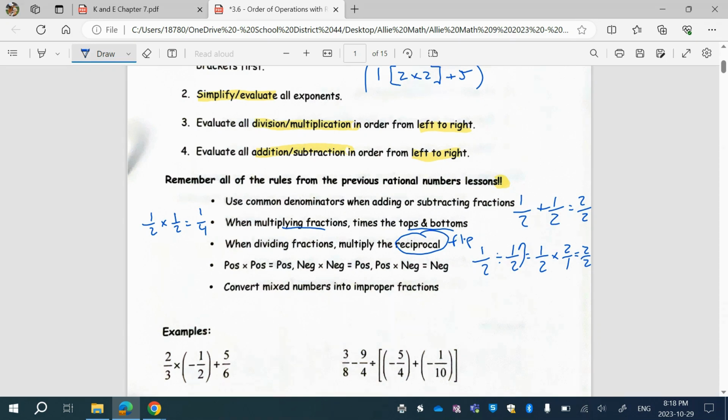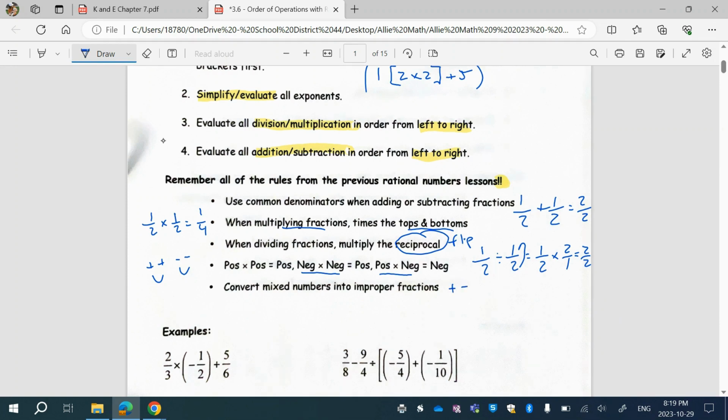And last, you don't need to write all of this down. You can if you want. I know I'm going really fast, but I'm just trying to do a quick review. This is really notes that you should know. So remember, a positive and a positive is a positive. A negative and a negative is a positive. A positive and a negative is a negative.